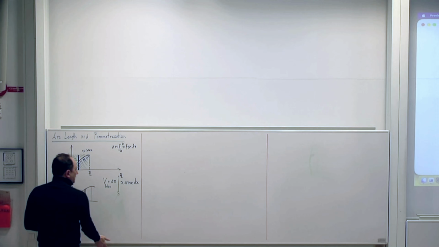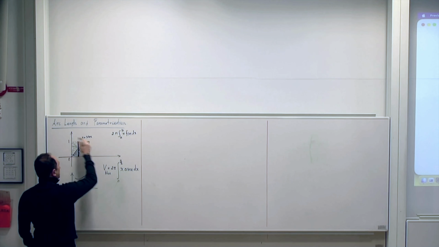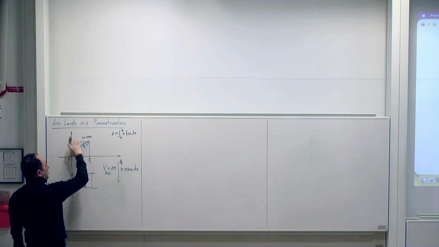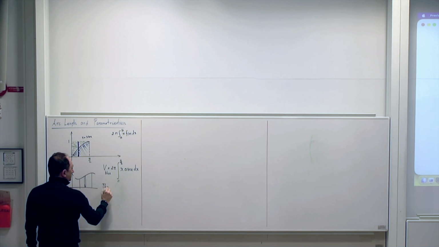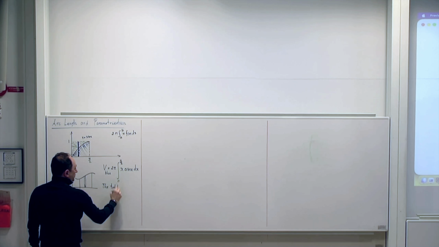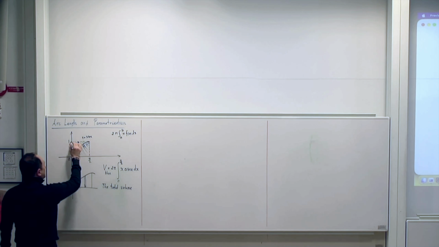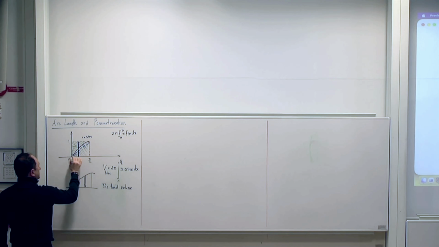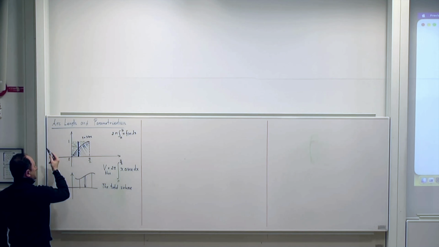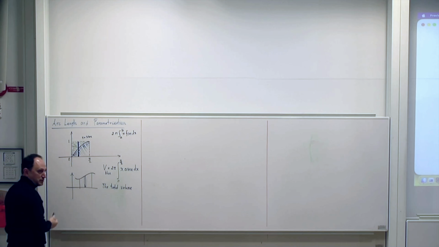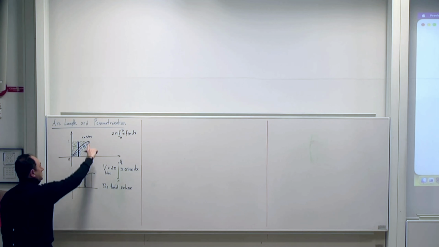Yes? But then the total volume, the volume of the whole region, is a cylinder. You don't need even an integral for it. What is the total volume? If you rotate this about the y-axis, hopefully you agree with me, you generate a cylinder. The height of the cylinder is 1.